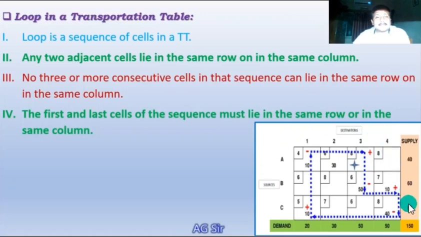In this case, you are given a loop represented by these blue dotted lines, which connects cells 1 1, 2 4, 3 4 and others. You may note that there are 6 total cells, and for being a loop you need at least 4 cells. Any two adjacent cells lie either in the same row.